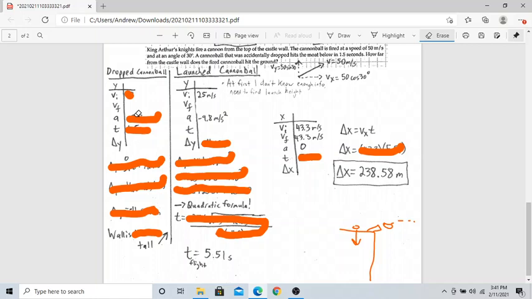All right? So I start to write a Y chart for my dropped cannonball. The initial velocity is 0 because I drop it, so I let it go from rest. The acceleration is negative 9.8 because this is still in free fall when I let go of that dropped cannonball. And the time is 1.5 seconds.